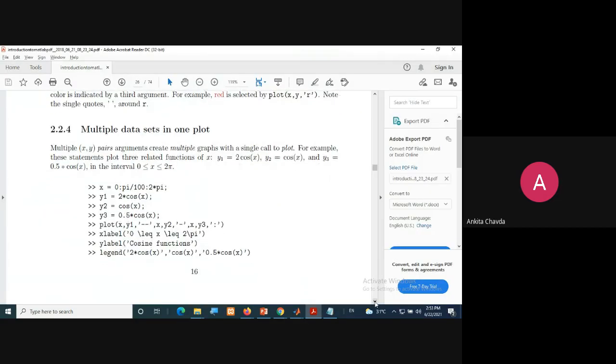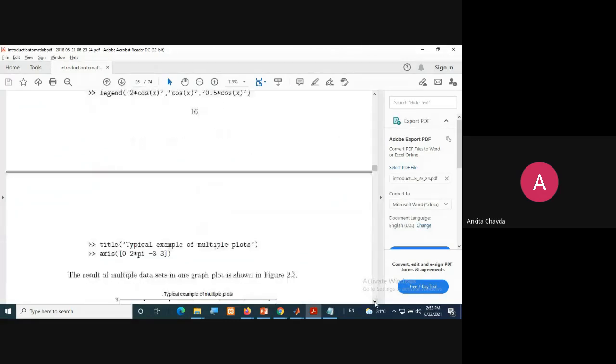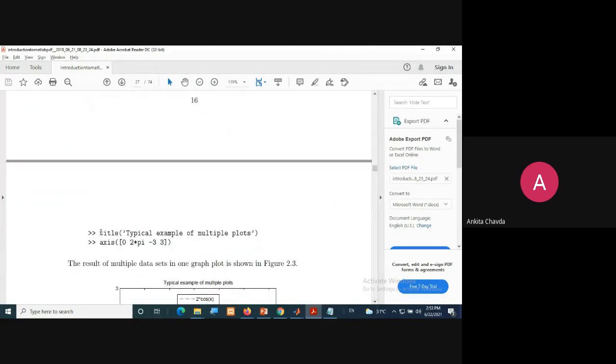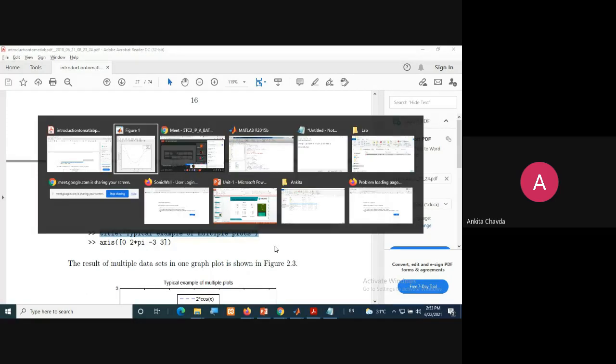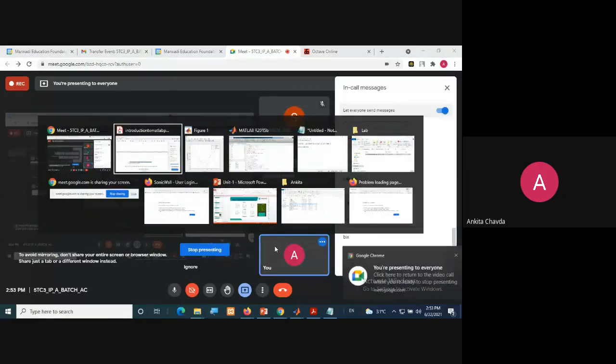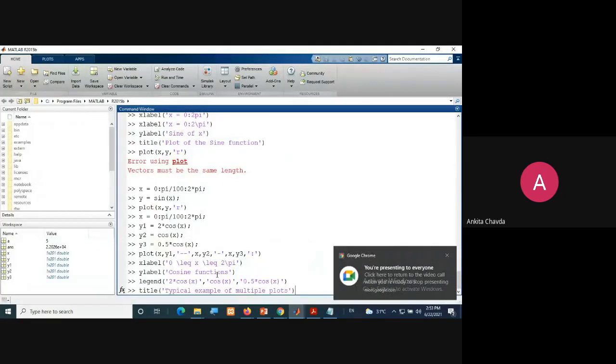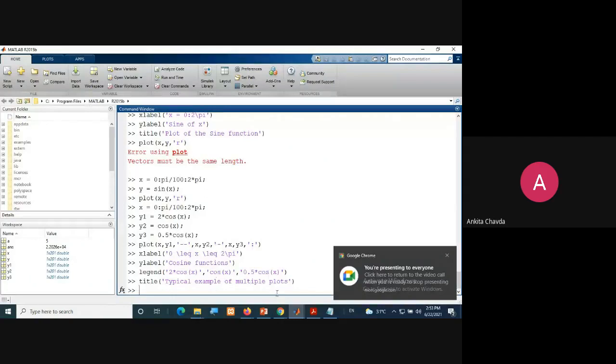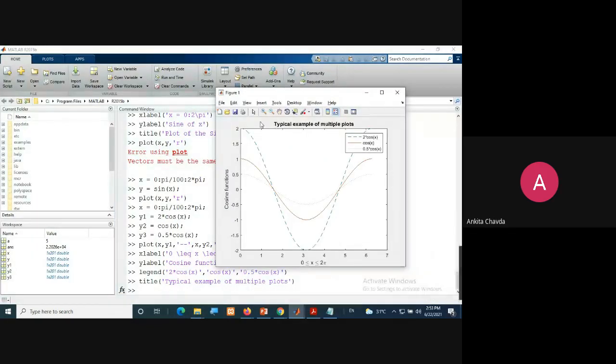Then another two commands. You will give the title, right? So it will show you the title. But what this axis command will do, that we will see. This is the title, so it will show us this title. Now you just check this.